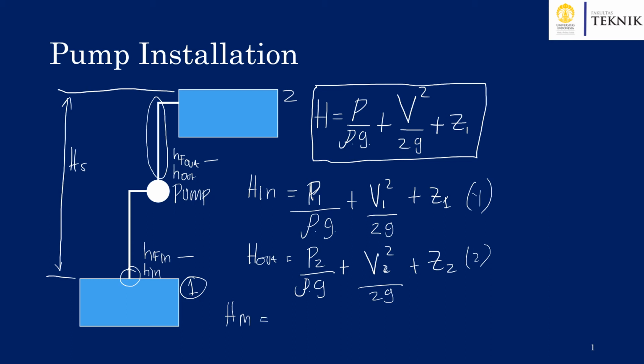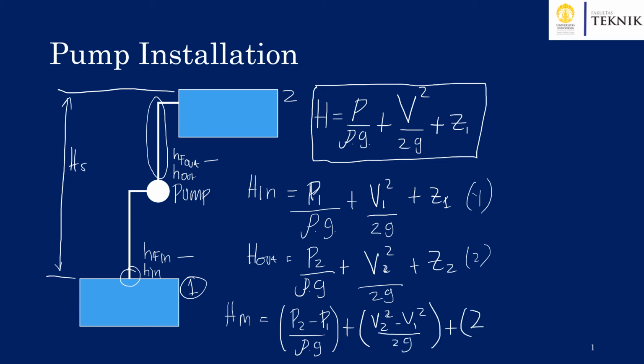That is a function of P2 minus P1 divided by density and gravity, plus V2 to the power of 2 minus V1 to the power of 2 divided by 2G, plus Z2 minus Z1. Now let's call this equation 3.